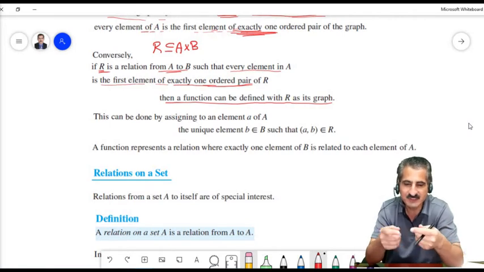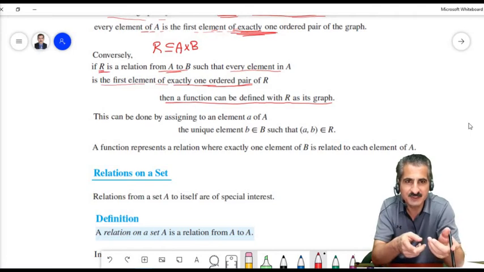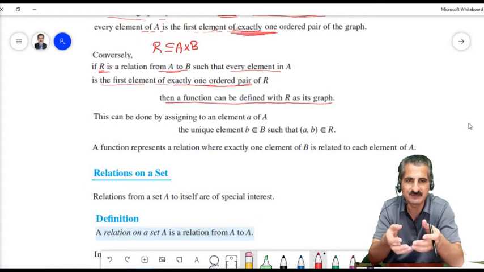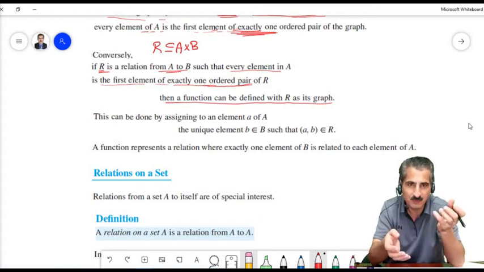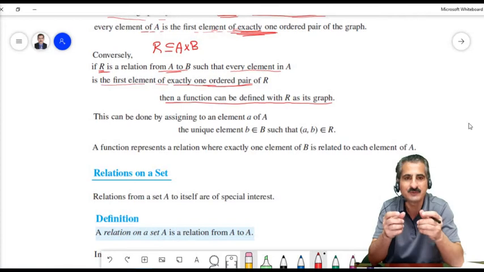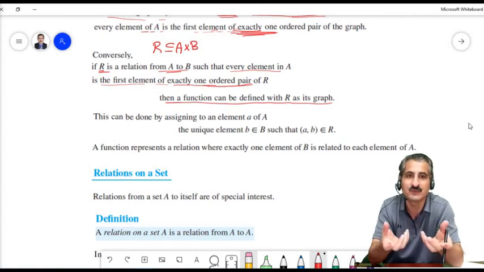What we have seen above there, starting with a function, we can define a relation upon this function. Now we go conversely. If we are given a relation, can we define a function upon it? Now we are saying, if every first coordinate in every ordered pair in that relation relates to one element only, if every element from A is the first element of exactly one ordered pair.